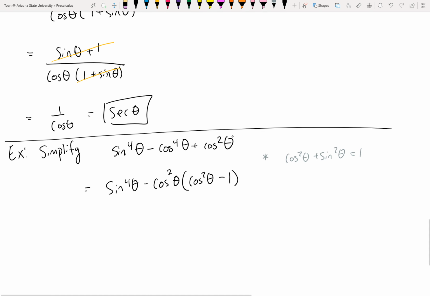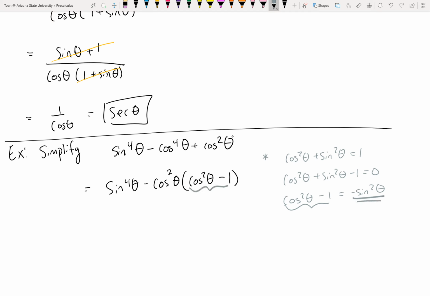And I hope it doesn't take a lot of algebra to know that I can subtract the 1 over and subtract the sine squared over. So here we have cosine squared minus 1 equaling negative sine squared. And that can be substituted directly. So this equals sine to the 4th theta minus cosine squared theta times negative sine squared theta.